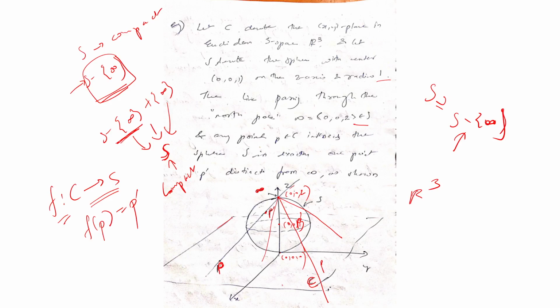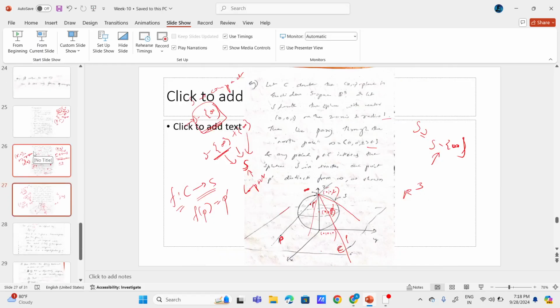So shall I repeat that definition of one point compactification? Okay, let's go through it once more and then we will proceed to the next question.